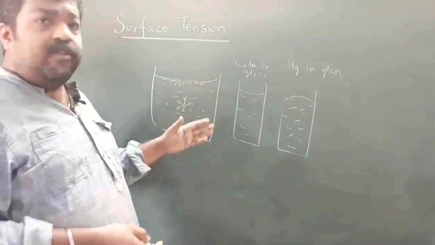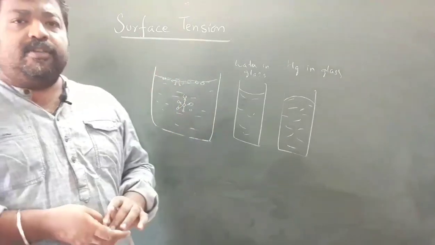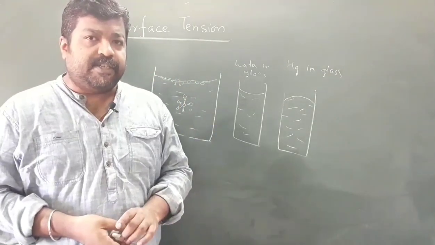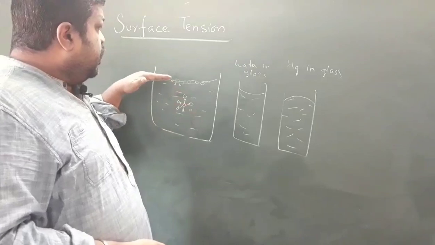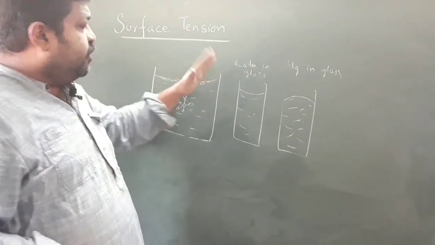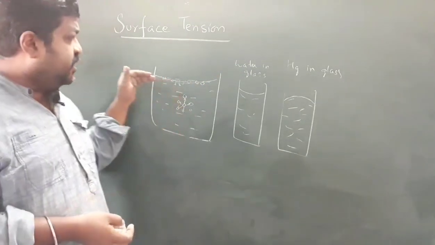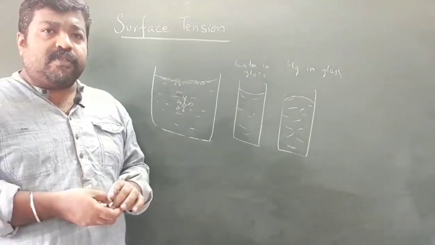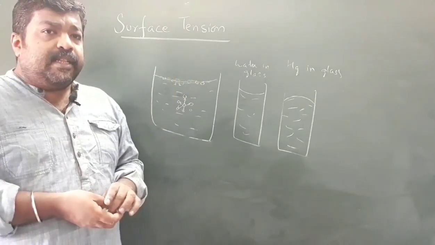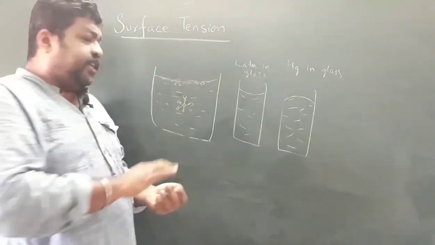Now this video is basically discussing the concept of surface tension. Now this surface of the liquid, we have seen that since they have some extra force, extra energy, they have acquired a curved shape.